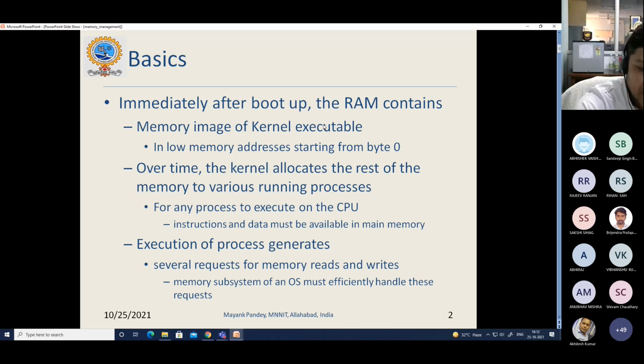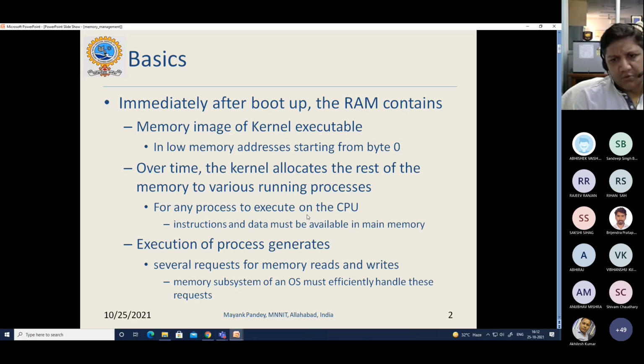How a system boots up, you should be knowing. After the system boots up, the memory image of the kernel executable is loaded into RAM in low memory addresses starting from byte 0. And over time, the kernel allocates the rest of the memory to various running processes.